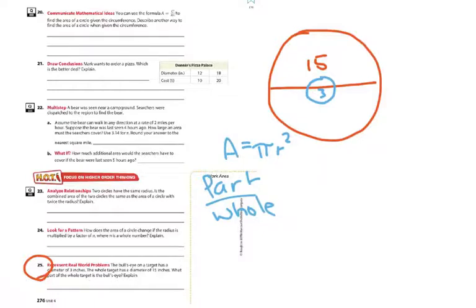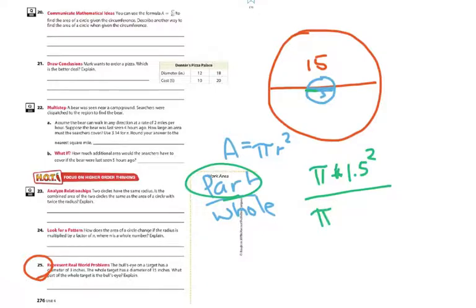So if this diameter is 3, then my radius is 1.5. Do you agree with that? So if I'm looking at the bullseye, the part, then I have the area equals pi times 1.5 squared. Makes sense?